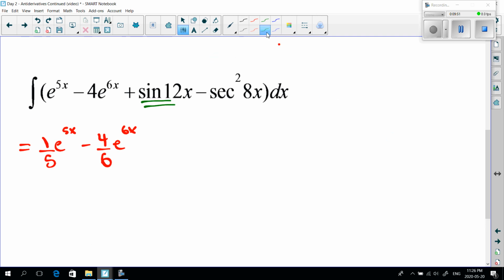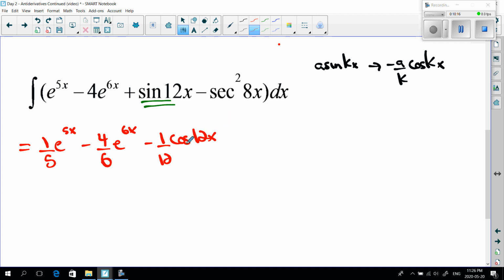So a sine kx becomes negative a over k cos kx. In this case, my a value is 1, my k value is 12. So it's going to become negative 1 over 12 cos 12x.